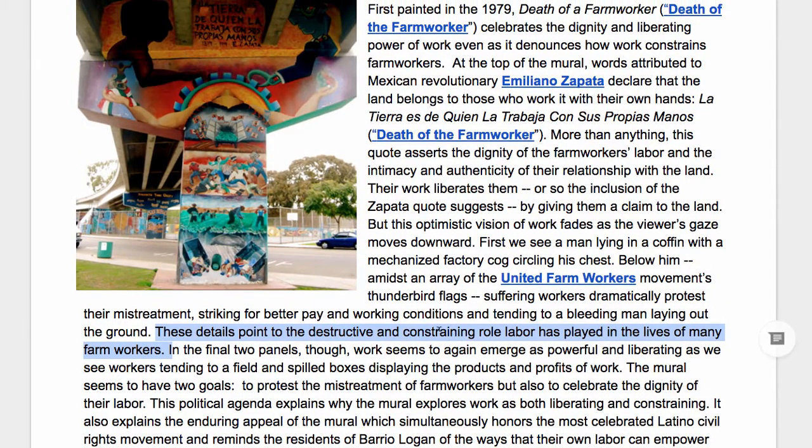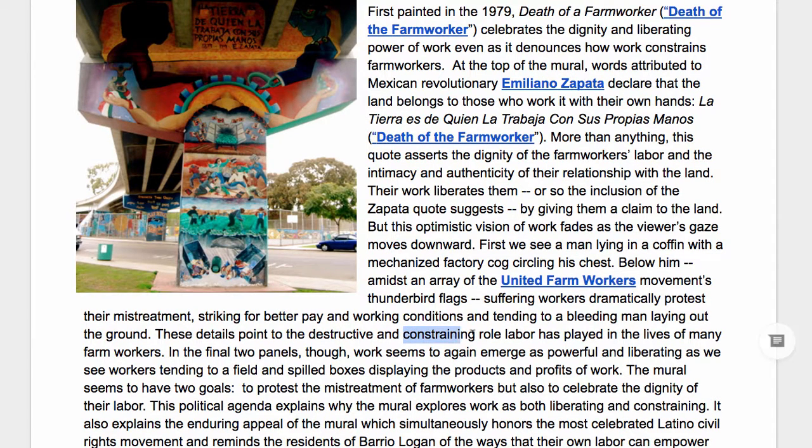All right, notice I am using an exact word from the tension in my interpretation so that the connection between the details like the man in the coffin, the mechanized factory cog, the flags, the protesters are linked by word back to the language of the claim.